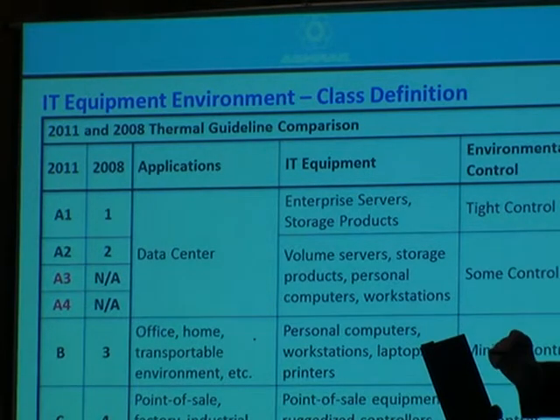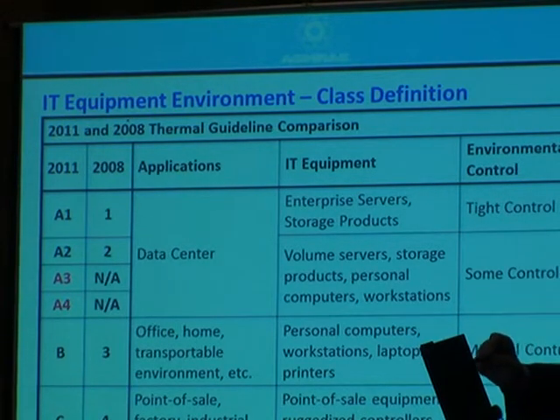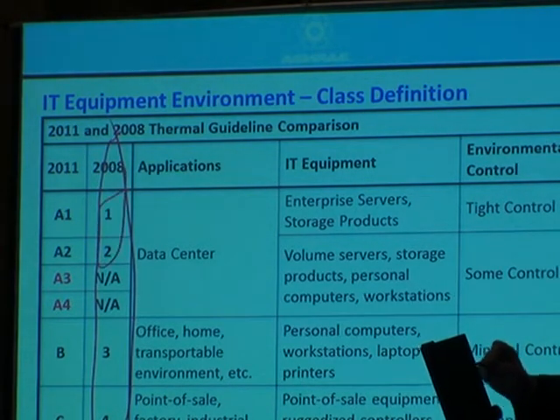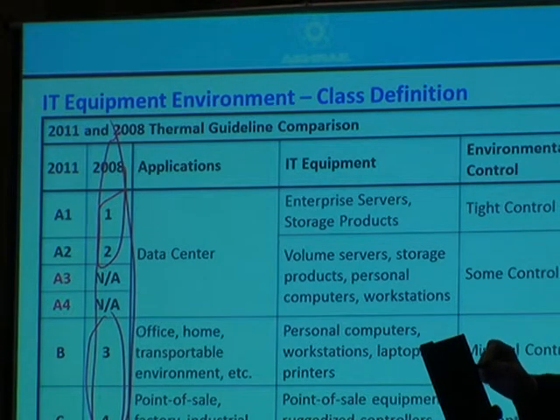So here's 2008. The 2008 version, which is my book right here, is what we had. We had 4 classes: 2 data center classes, 1 and 2, and classes for office and point of sale.